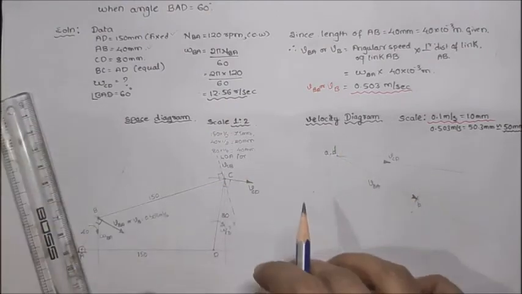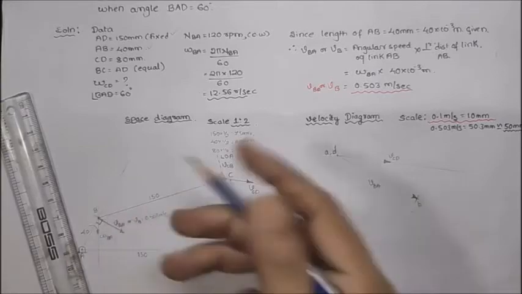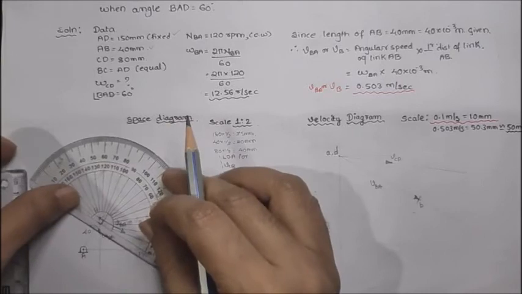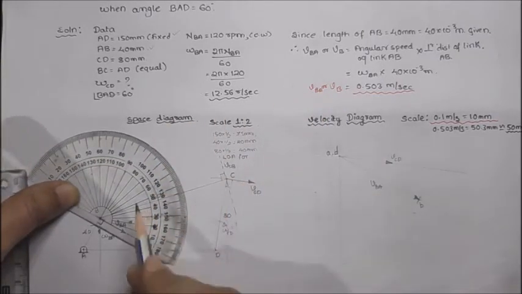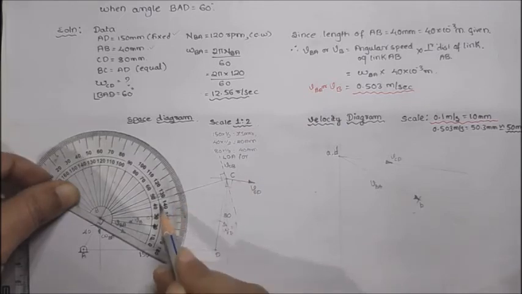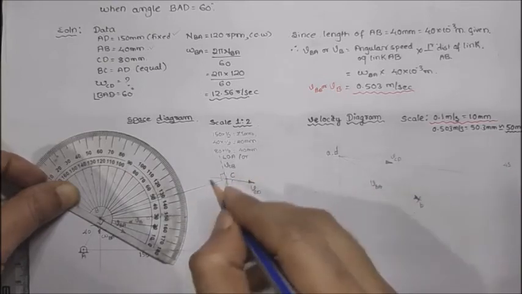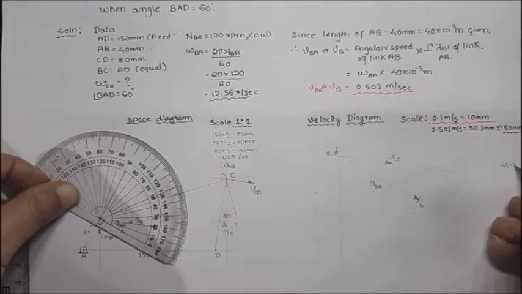So we should know this angle, so measure that angle. When we measured, here it is 45 degree. So we'll write here 45. Then I know this angle, that is 90 degree. So the total included angle is 135 degree.